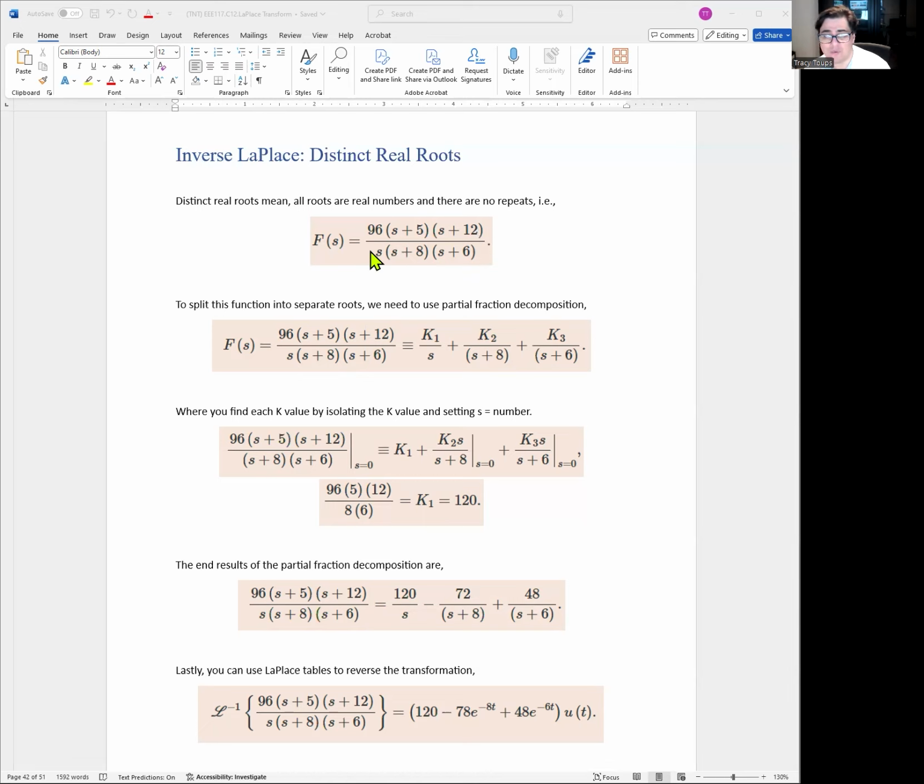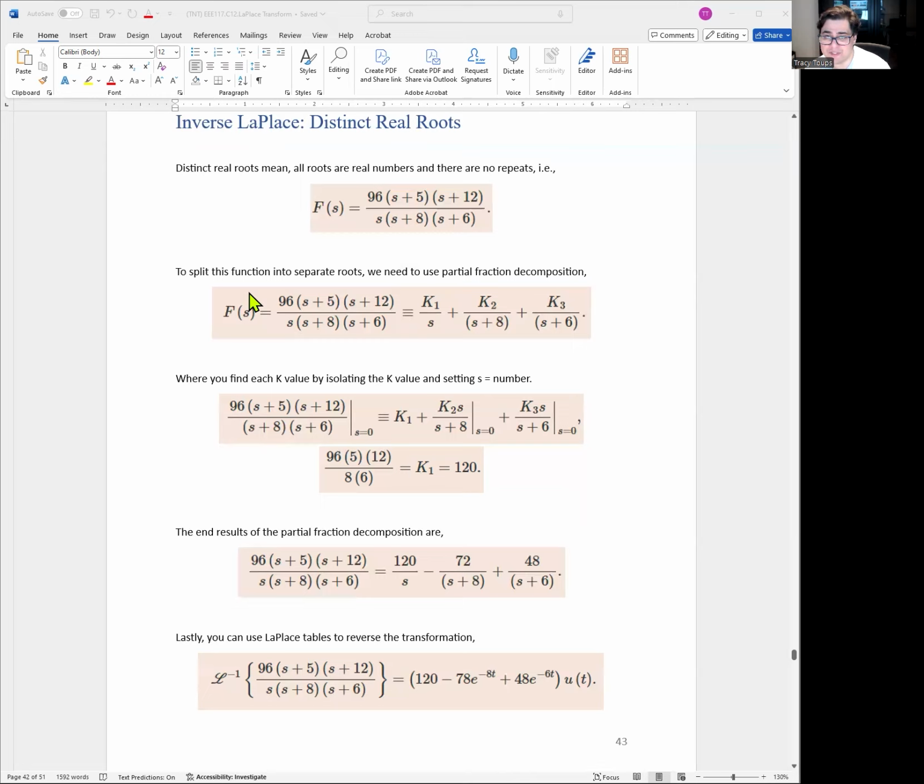Okay. Now, what you're supposed to do is take this big function and split it up into individual roots. You have some constant divided by S, plus another constant divided by S plus 8, plus another constant divided by S plus 6. There is a way you can split these denominators apart, and this is called partial fraction decomposition. That name probably scared you, but you should have learned this in calculus or early differential equations.